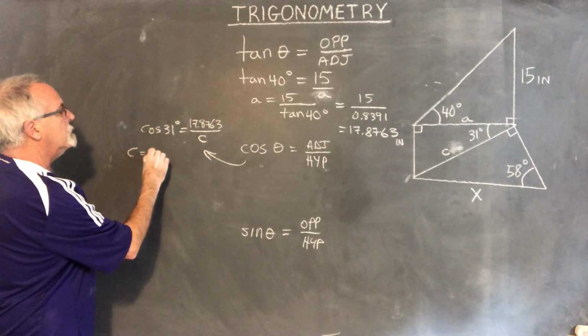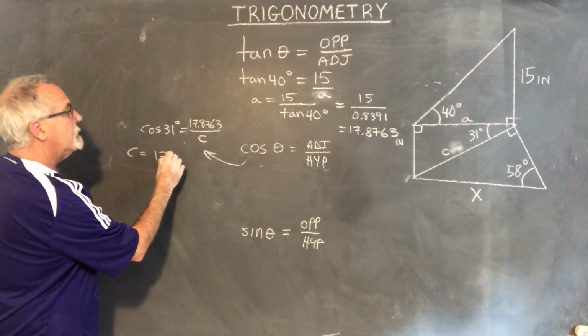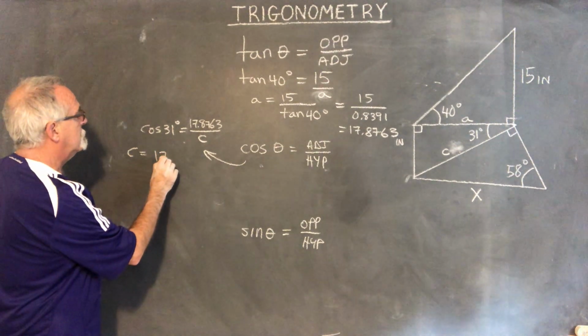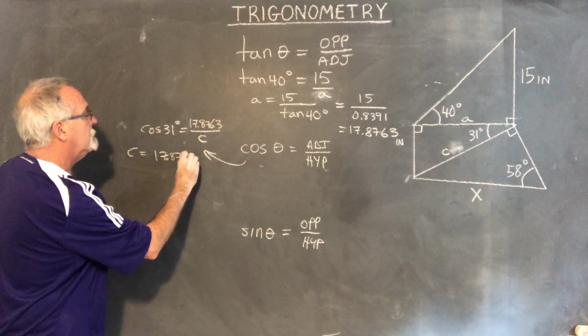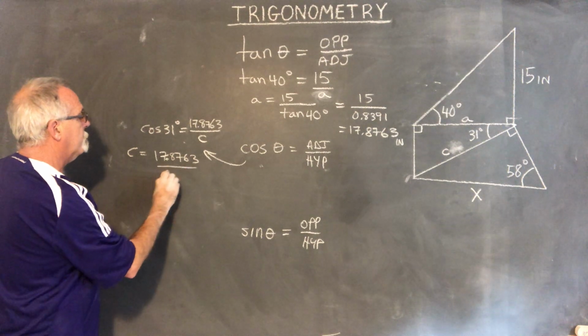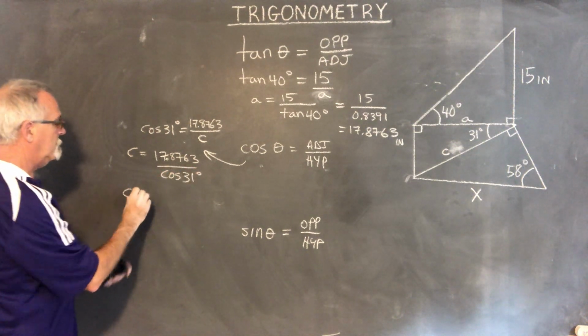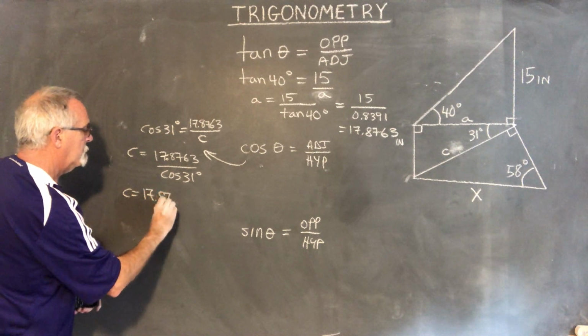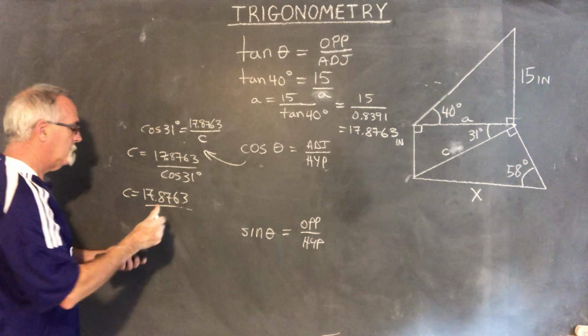So I am doing the trade. C is equal to 17.8763 divided by cos of 31, which is equal to... cos of 31, running out of chalk here.